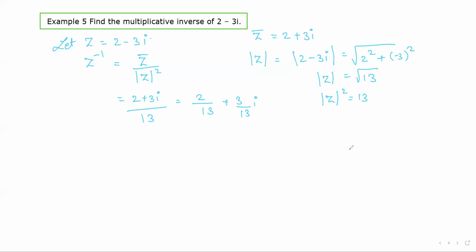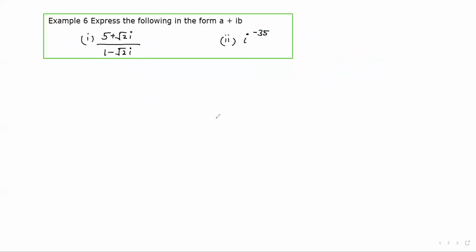Next, express the following in the form a plus ib. So, 5 plus root 2 into i upon 1 minus root 2 into i.